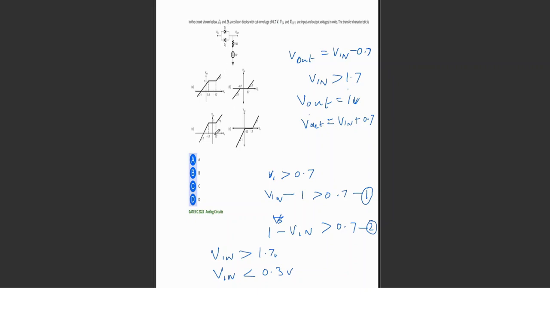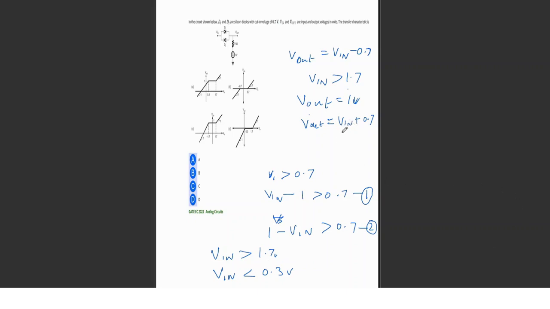So here also, at 1.7 it is 1. These two cases, in A and C, are happening like that. Whereas when V in is less than 1.7 till 0.3 only, it will remain at 1. After 0.3, as it goes below 0.3, the equation is no more at 1 volt.